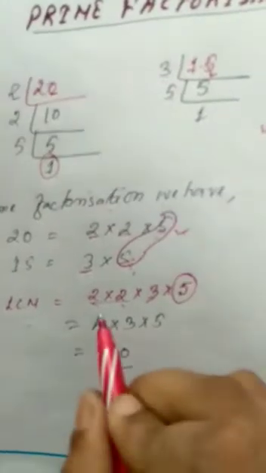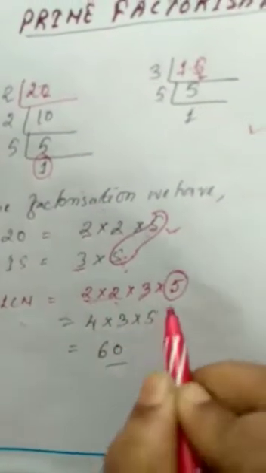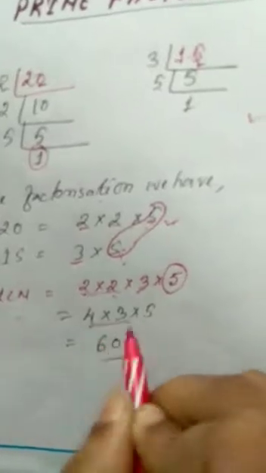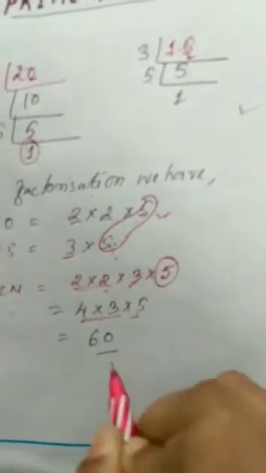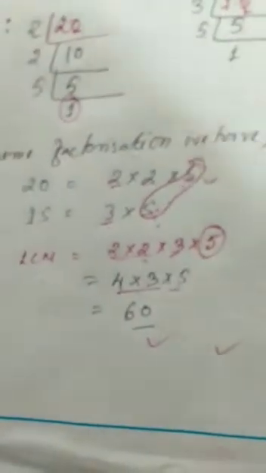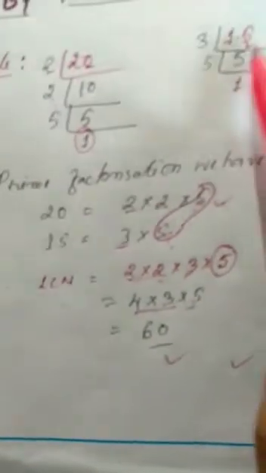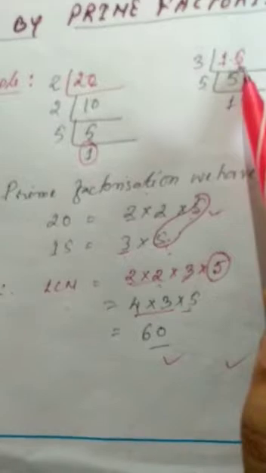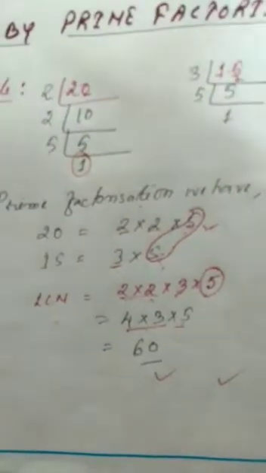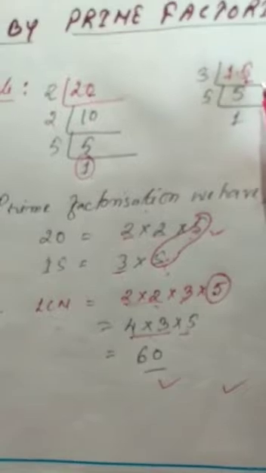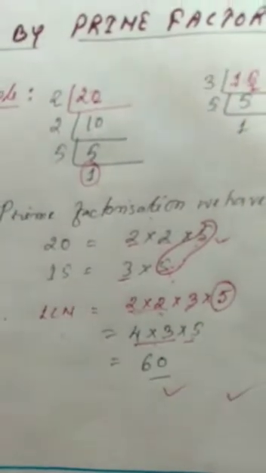So 2 into 2 is 4, and 3, and the next is 5, so 4 into 3 is 12, 12 fives are 60. Okay, I hope this is clear now. You can also do it without the test of divisibility, as 15 is small, but if it is a larger number, then you have to follow the rules as I have mentioned just now.